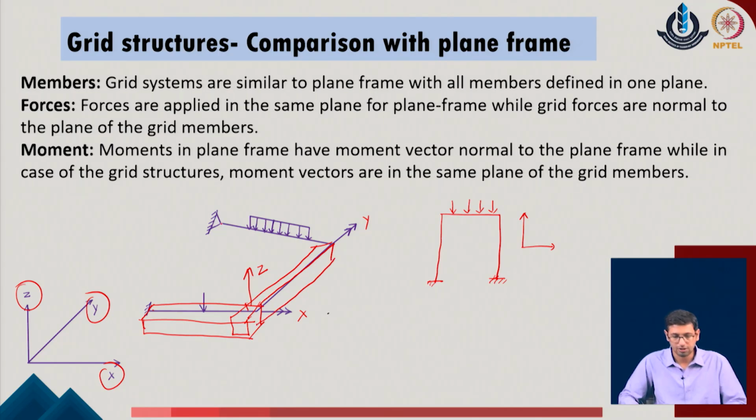In the same manner, if I consider the third member, this is again the member which is located with respect to the given axis, which is again in the direction x of the given system only. So, at any point the loading which is active on the given system is along the direction z.